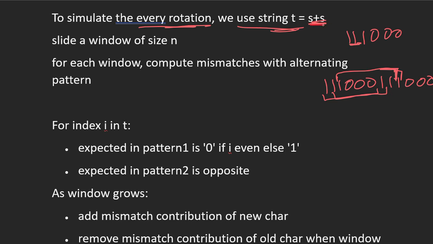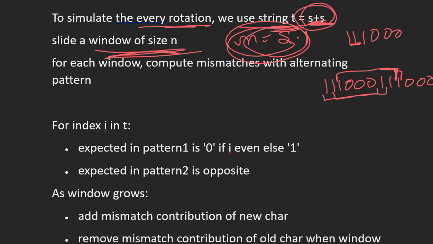So we have concatenated our original string and stored it in a new string to simulate all the rotations. After making this string, we'll make a window of size n, where n is the length of the original string, right? Then for each window we'll be computing mismatches with alternating patterns.